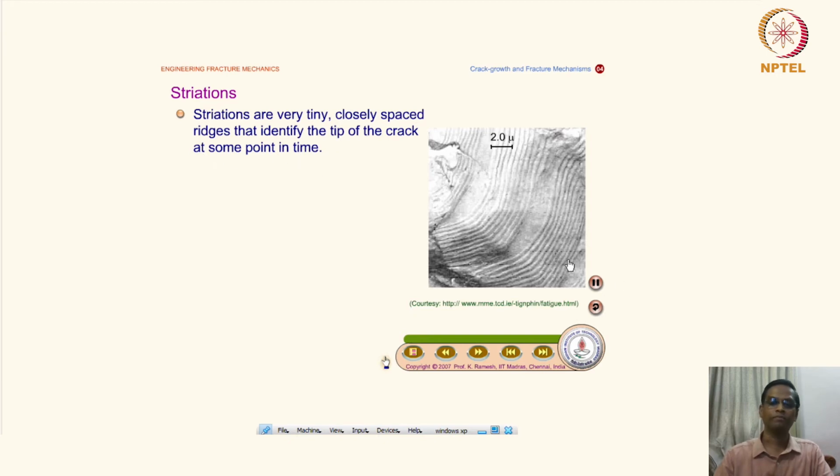So you can see that these are all called striations, and you can see that very closely spaced ridges are there, and this is an indication of overload. You can see here also there's a step, and this is overload, and then it moves and it continues like that.